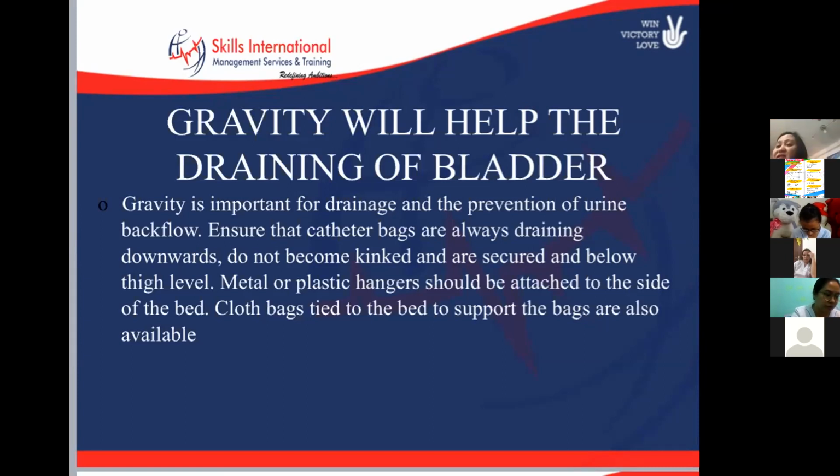So dapat it must always be at thigh level. A metal or plastic hanger should be attached to the side of the bed. A cloth bag should also be tied to support the bag when available, because sometimes you do not know the bag of the Foley catheter is already full with urine. So there must be a support for the bag.